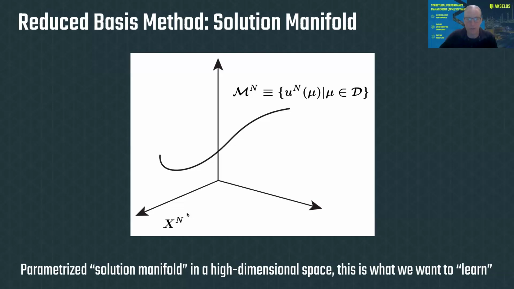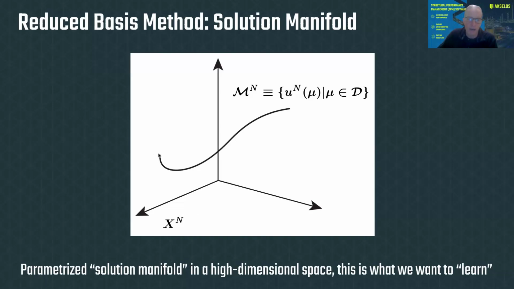It's completely impossible to visualize this, but conceptually you can imagine that it's a low dimensional manifold as you sweep through your choices of parameter vector mu. So the point then is that this parameterized curve here, you could call it a solution manifold, right? As you change mu, you're getting this manifold in this high dimensional space.